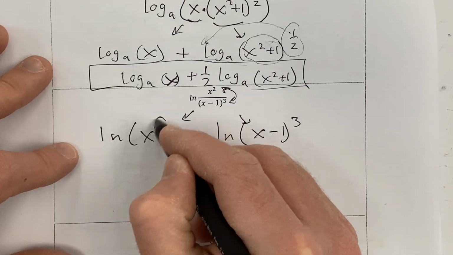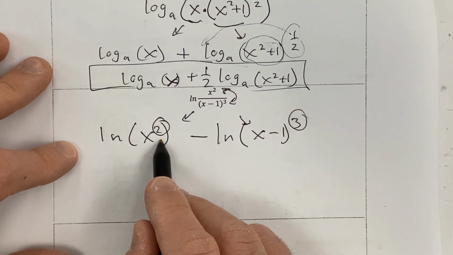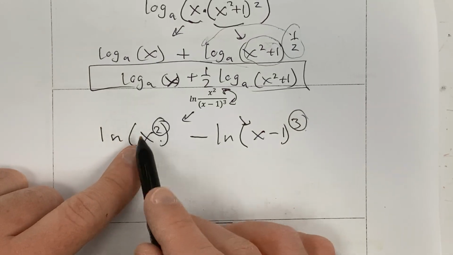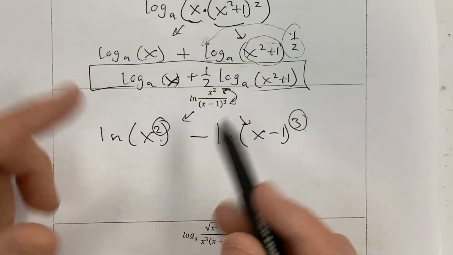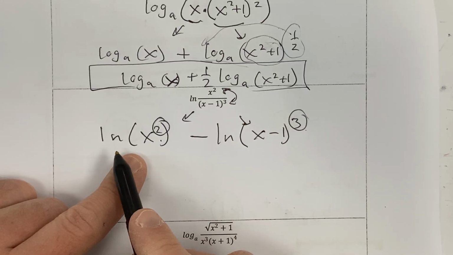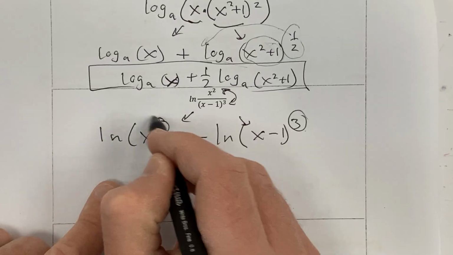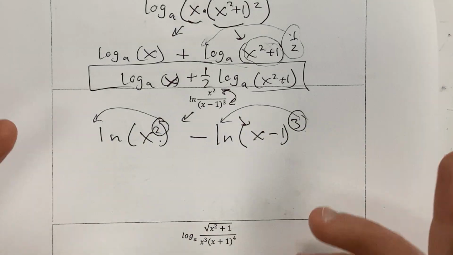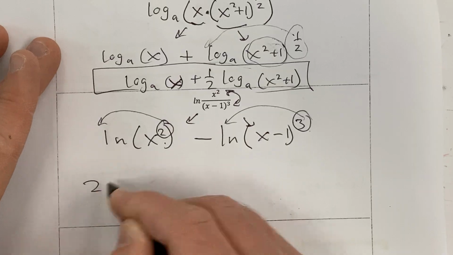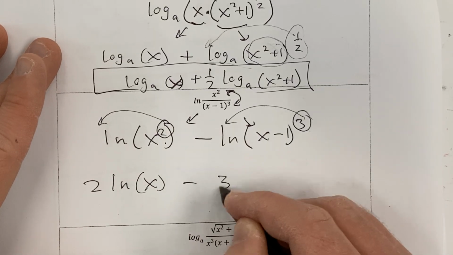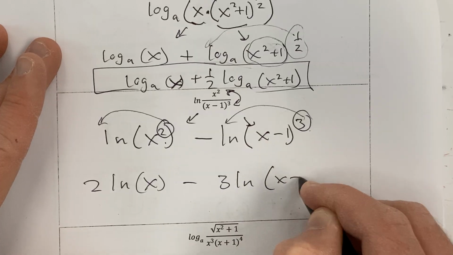But then, since these are both powers, I've got one on the inside, one on the outside. It actually doesn't matter as long as it's a power of something that we're taking the log of. You can use the rule to bring the power down front. So both these powers can be brought down front or multiplied by the log. So this becomes 2 ln of x minus 3 ln of x minus 1.